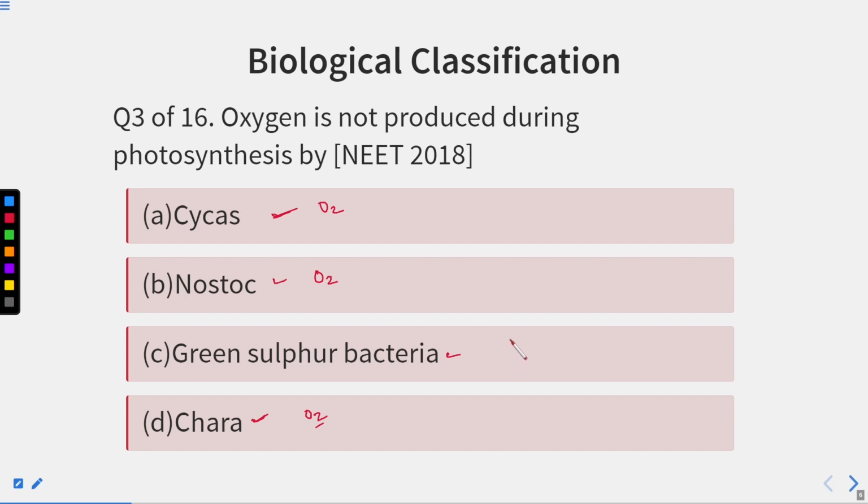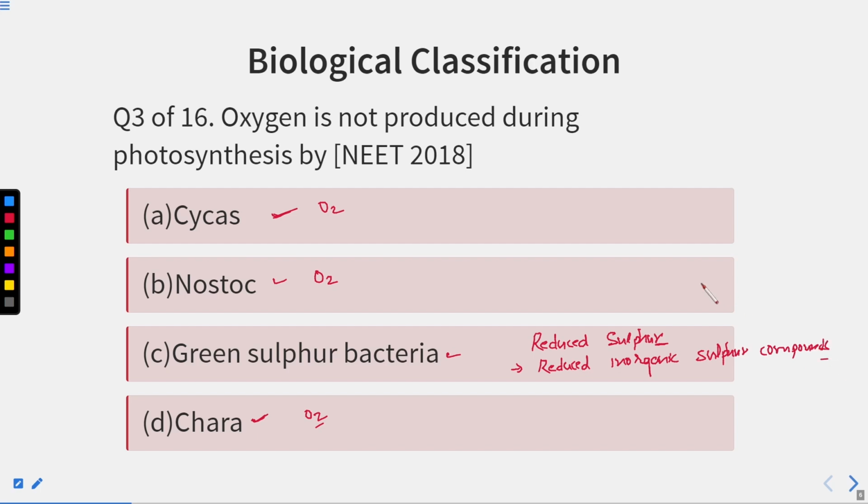These bacteria utilize reduced sulfur instead of water, or you can say they utilize reduced inorganic sulfur compounds.